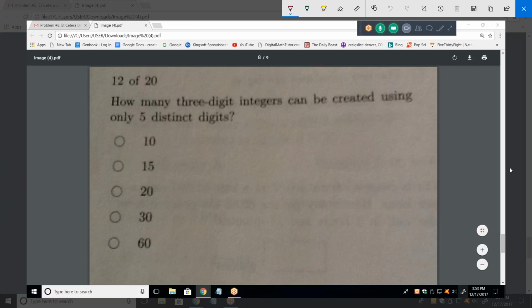This is a GRE or GMAT special. Or LSAT. How many 3-digit integers can be created using only 5 distinct digits? Wow. I wasn't teasing. This is going to be hard.